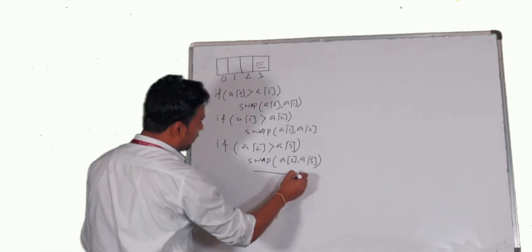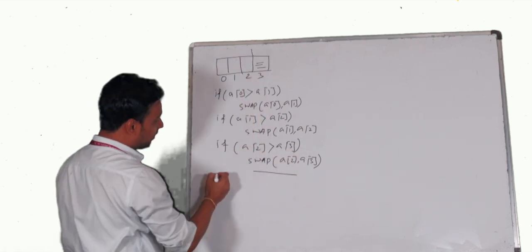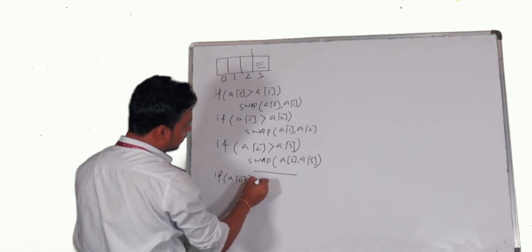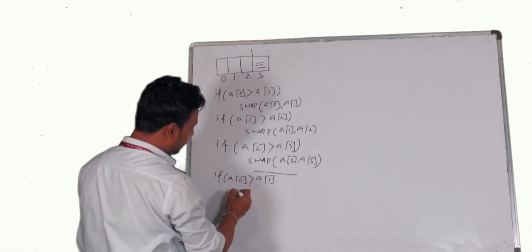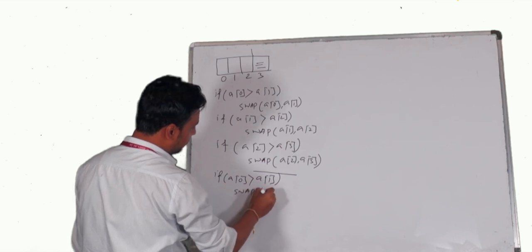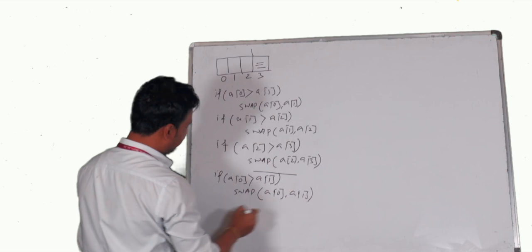Now for the second largest element, we'll compare if a of 0 is greater than a of 1, we'll swap a of 0 with a of 1.